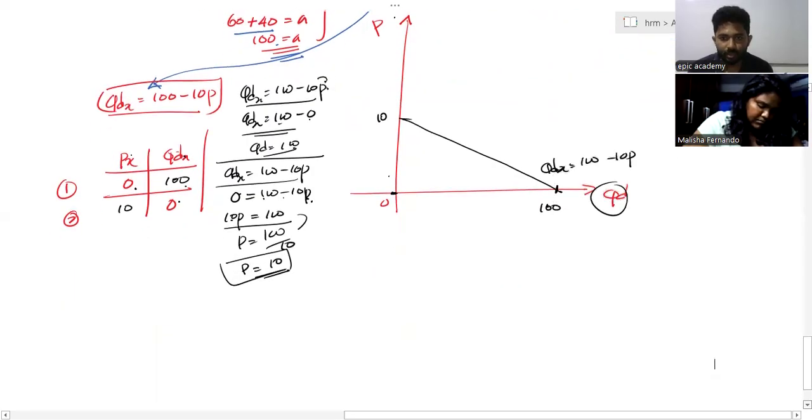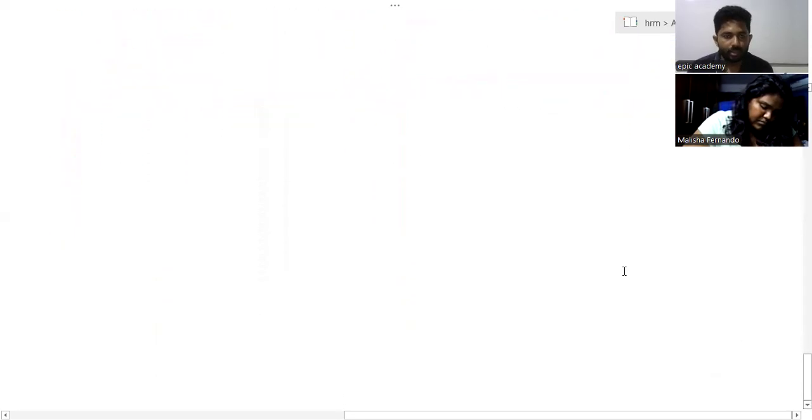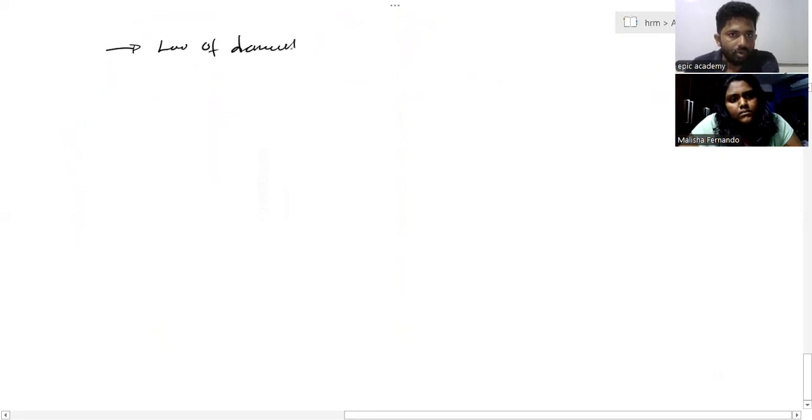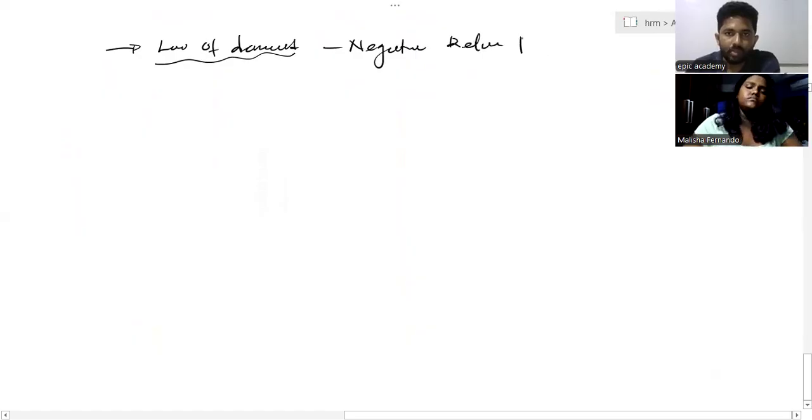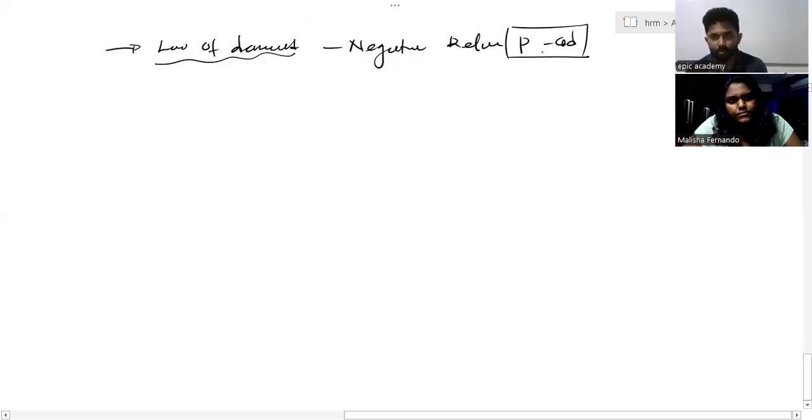Elasticity. Before that one, we go to the law of demand. Law of demand always represents the negative relationship between price and quantity of demand when other factors are remaining constant.